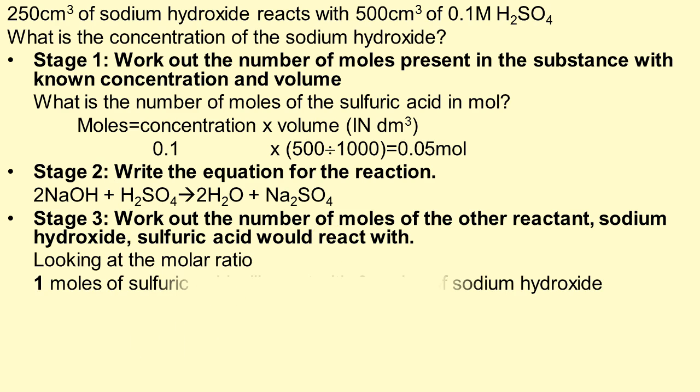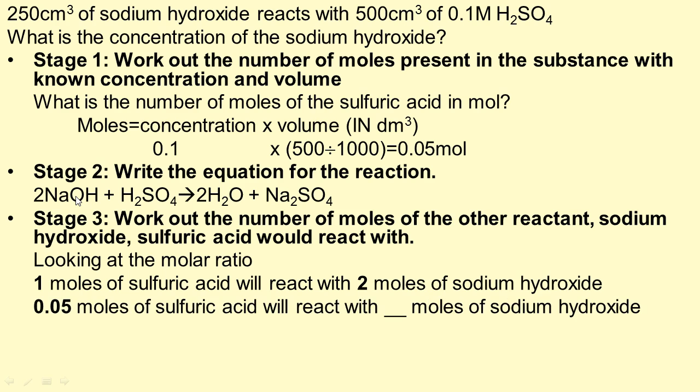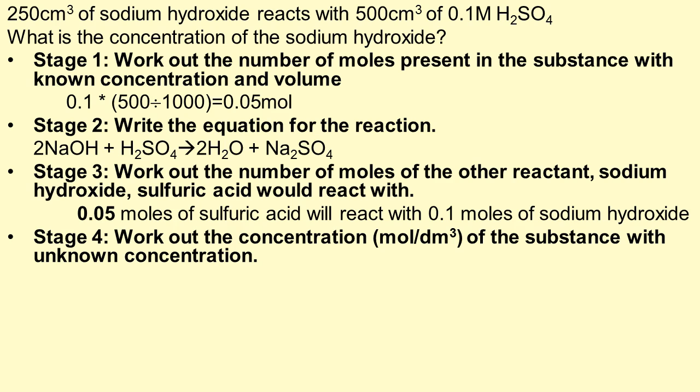If we look at the molar ratio from the equation, 1 mole of sulfuric acid will react with 2 moles of sodium hydroxide, and if we have 0.05 moles of sulfuric acid, it will react with 0.05 times 2 moles of sodium hydroxide, so 0.01 moles of sodium hydroxide.